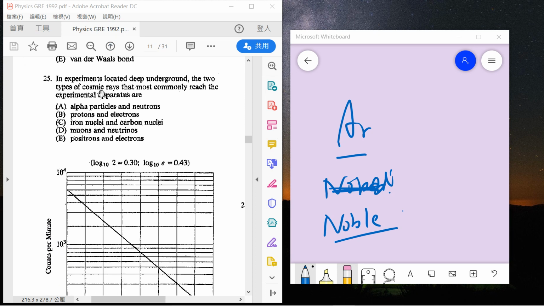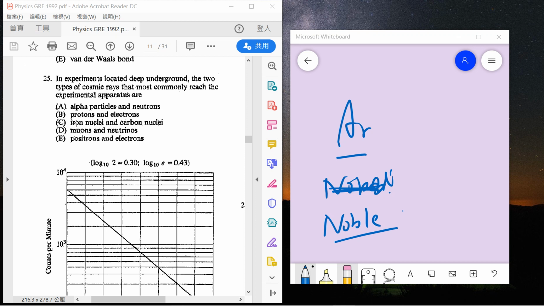And 25, if an experiment is located deep underground, the two types of cosmic rays that most commonly reach the experimental apparatus are... If you follow the physics news, you will see people going underground to find neutrinos, right? So the answer is muon and neutrinos.